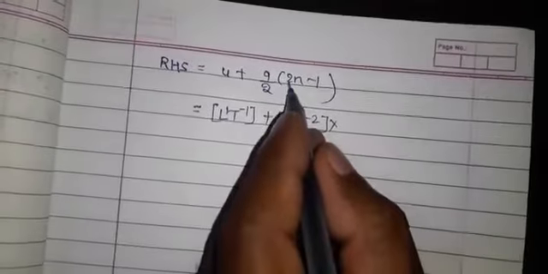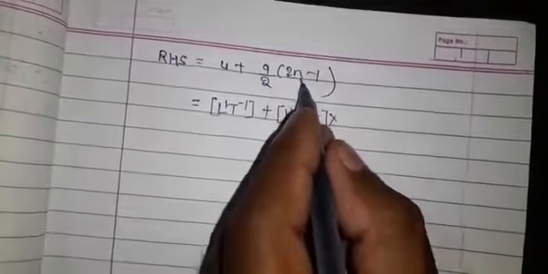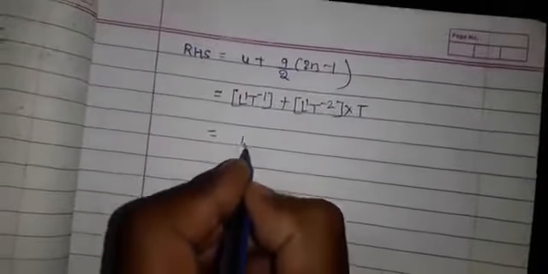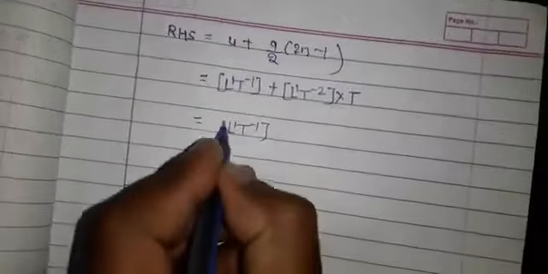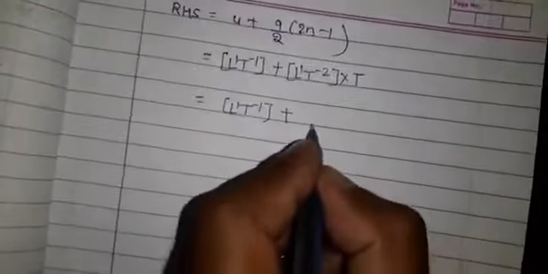Okay, what is the dimension of U? That is L1 T minus 1 plus 1 by 2 has no dimension, only the dimension of A, which is L1 T minus 2, and 2 also has no dimension, only n. So I write here T. Okay, L1 T minus 1 plus L1, and the power of T1 is 1, n minus 2.